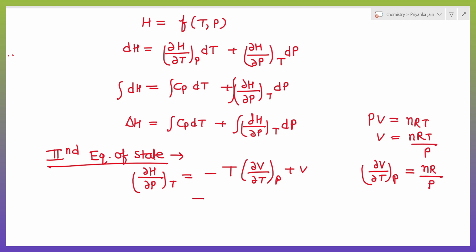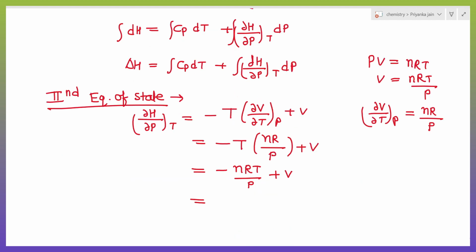So we can put this value here: minus T nR upon P plus V. It means minus nRT upon P plus V. We know nRT is equal to PV, so we can put here minus PV upon P plus V. So this will be equal to 0. It means del H upon del P at constant T is equal to 0. This term is equal to 0.